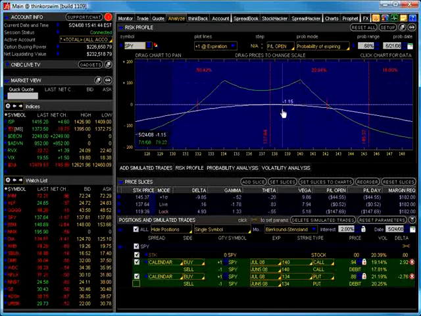And now we have two places at which the final price of the underlying stock could settle on expiration day, and we would achieve our maximum profit. In this case, it's 140 because we have a 140 calendar spread, and on the downside, 134 because we have a 134 calendar spread.